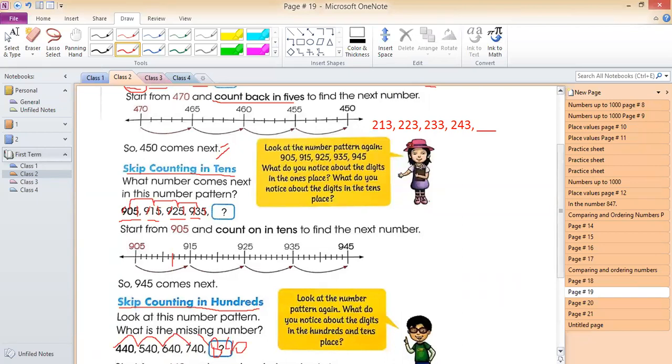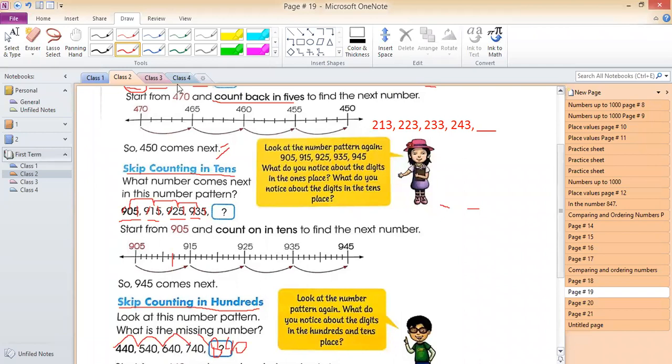What is the technique? When you skip count in tens, forget about the ones, forget about the hundreds. Concentrate only on the tens, and increase the tens by ones. Like 905 to 915, 925, 935, 945, 955, 965, 975, and so on.